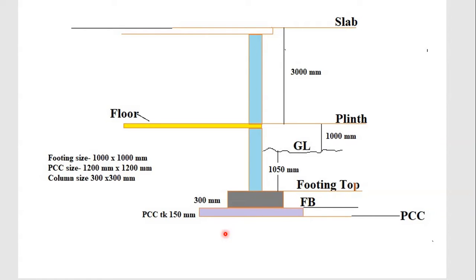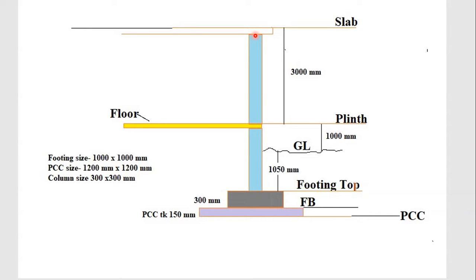As we know the construction process, first PCC bed is constructed and on that bed footing is constructed. Then from footing the column starts and it projects above the ground level up to plinth level, and then plinth is constructed, and then above the plinth we are casting the columns up to slab level.